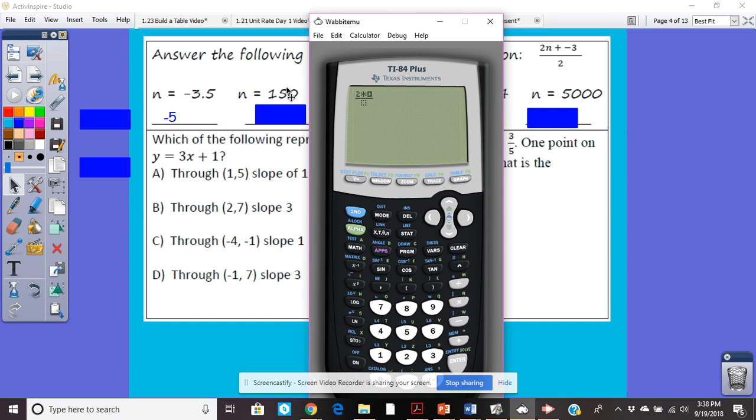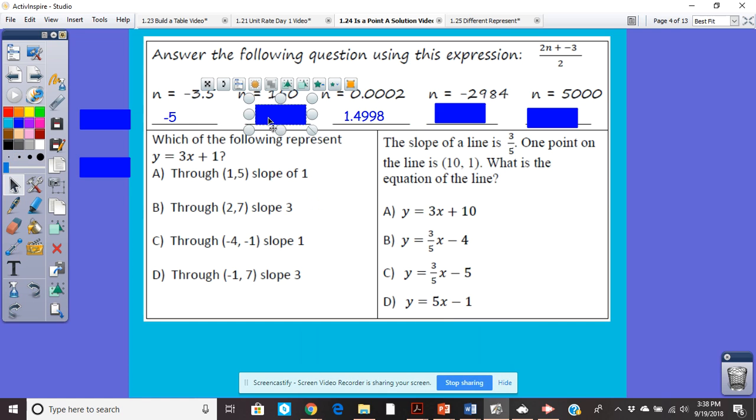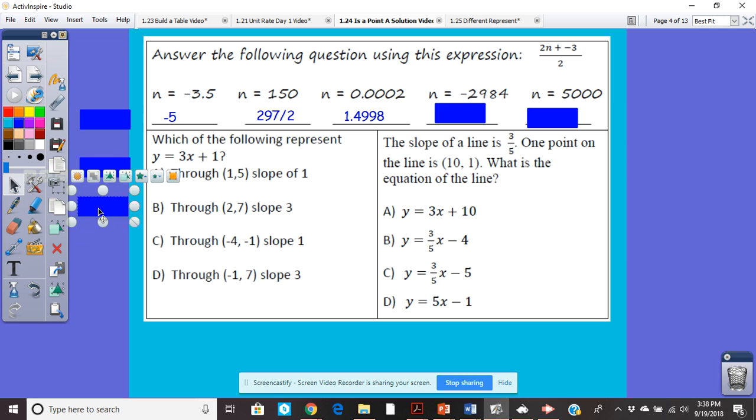So let's multiply if n is 150. 2 times 150, and then we're going to add a -3, and then put a 2 on the bottom. So you can type the equation in this way. And whatever you get out here, 297 divided by 2, that's going to be your answer.